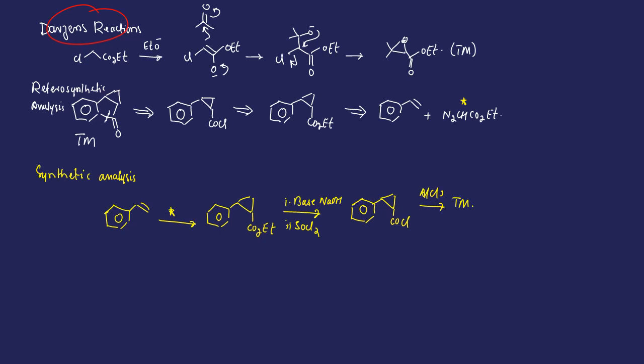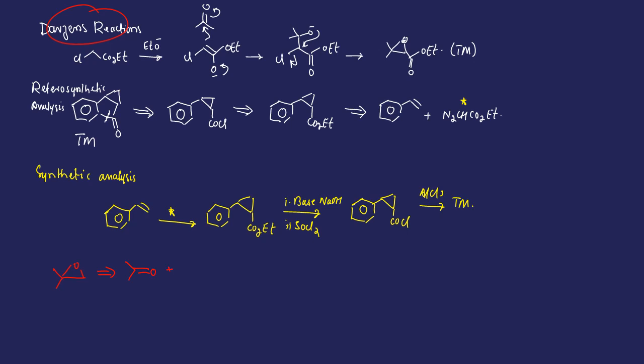Even we can have a three-membered system without adjacent carbonyl group. For example, this is an epoxide which has no adjacent carbonyl group and it can be subjected to retrosynthetic analysis.